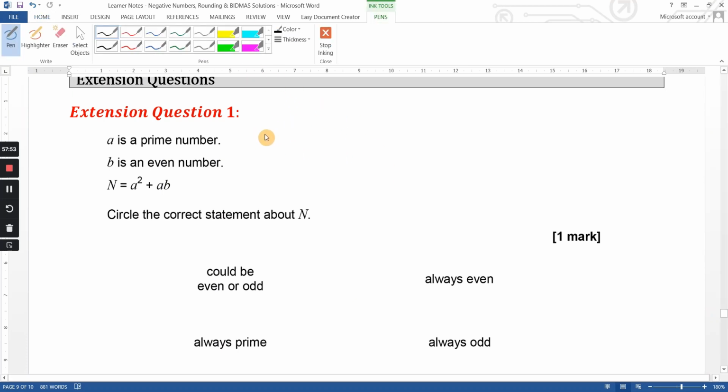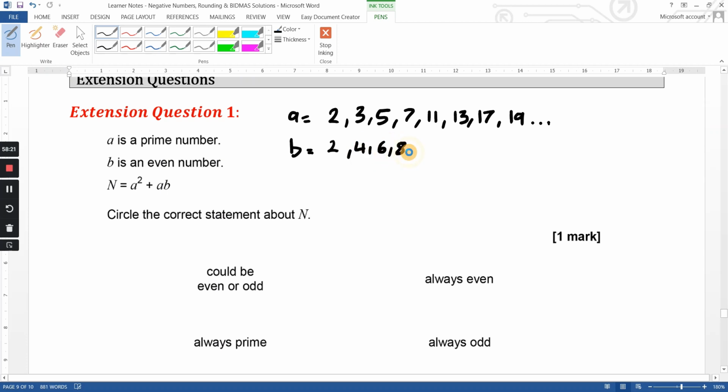So a is a prime number, so a could be 2, 3, 5, 7, 11, 13, 17, 19, and so on. And b is an even number, and that could be, for example, 2, 4, 6, 8, 10, 12, etc. So a squared, let's write it at the top, in fact.